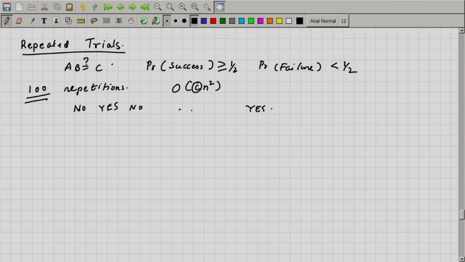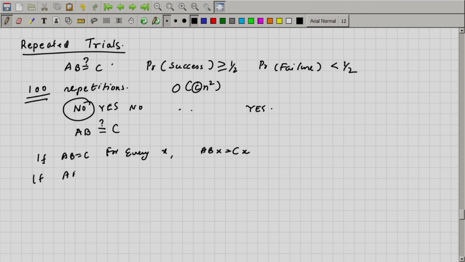If this was the output, we know that if AB were equal to C, then the algorithm would never return the answer no, because on all inputs x, if AB is equal to C, then for every x, ABx is equal to Cx.